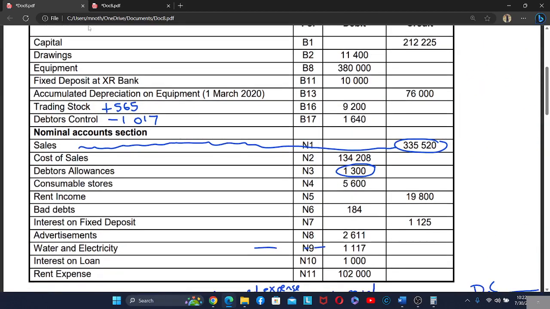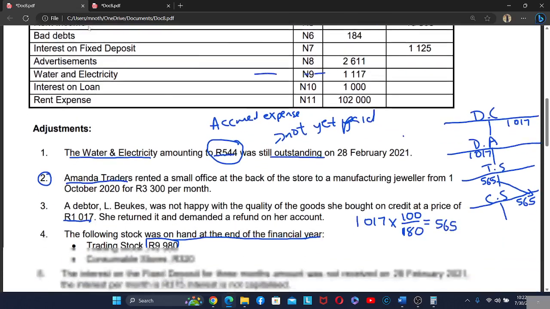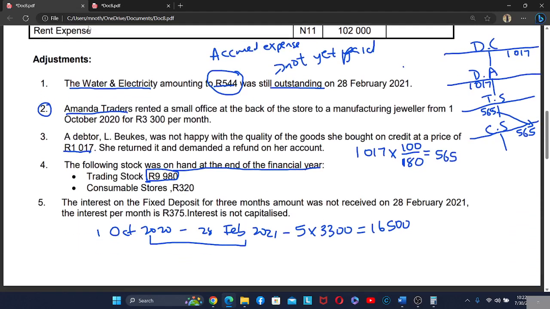And then if we are comparing it with the one in the trial balance, 9,200 plus the returned one of 565, the trading stock is 9,765. Now, if we are comparing these two, this one is a bigger one. So actually, the business thought that they had a trading stock worth 9,765.